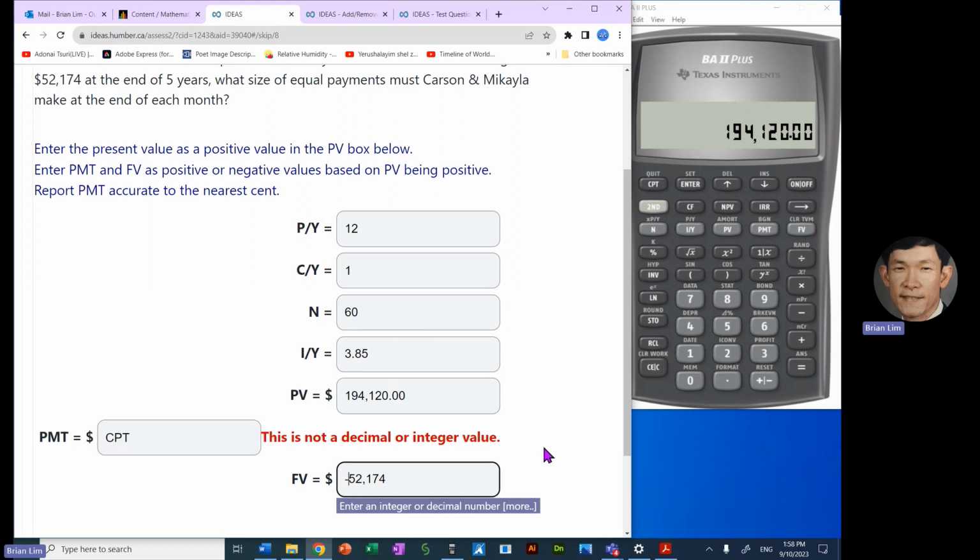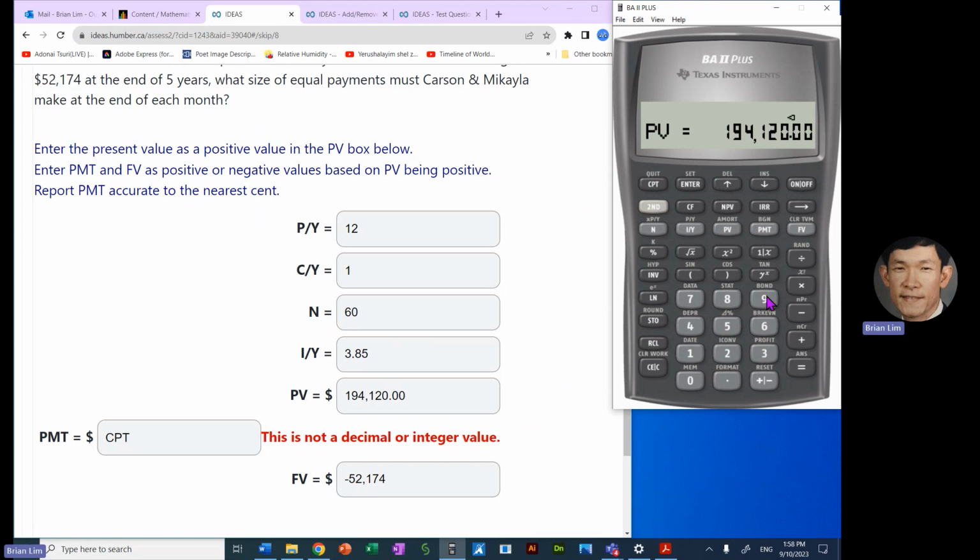So we must be careful when entering these numbers. Payment we're computing. The future value we must enter: 52174, plus minus, enter it into the future value, and now we can compute the payment.